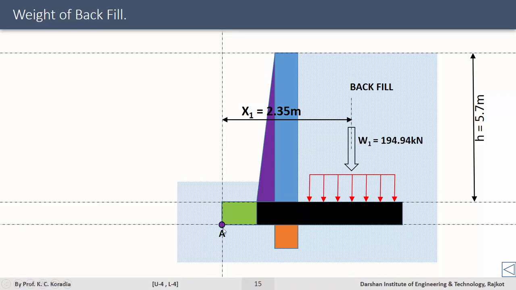will be equal to overall width of base slab minus toe width minus stem base width, that is 3.3 meter minus 1 meter minus 0.4 meter, into the height of retaining wall, that is 5.7 meter.